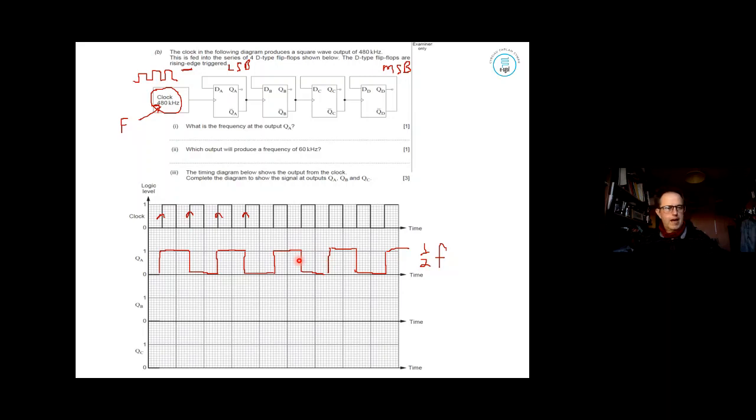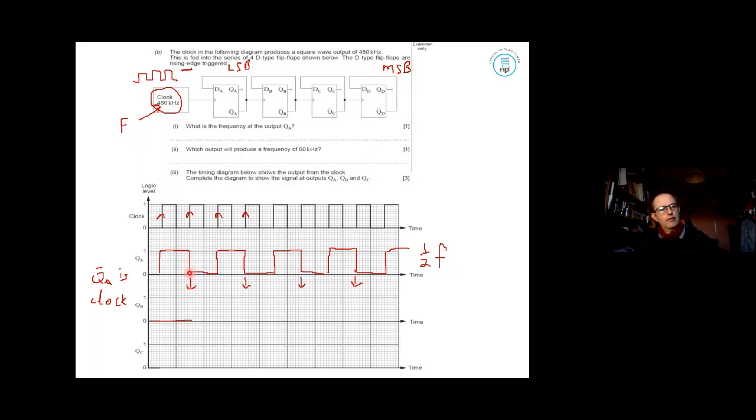Now then, got to be careful of this. Next flip-flop, now remember what's happening is, it's the not QA which is feeding into the next one. So what I'm looking for here, strange as it is, is the falling edge of Q, because the falling edge of Q will be the rising edge of not Q. They're opposite to each other.